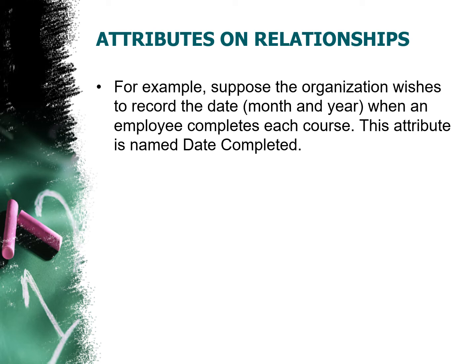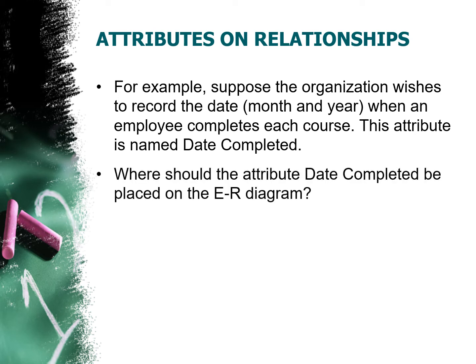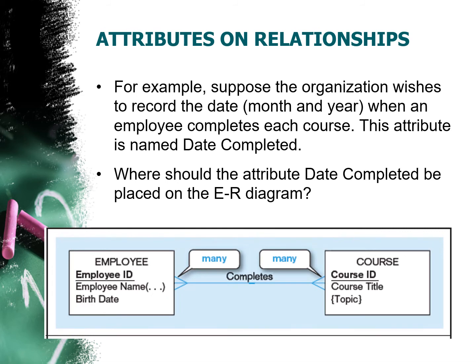This attribute would be named date completed. My question is, where should the attribute date completed be placed on the ER diagram? This was the ER diagram earlier. As you can see, there are only two entities involved. Where do you think you would place date completed?